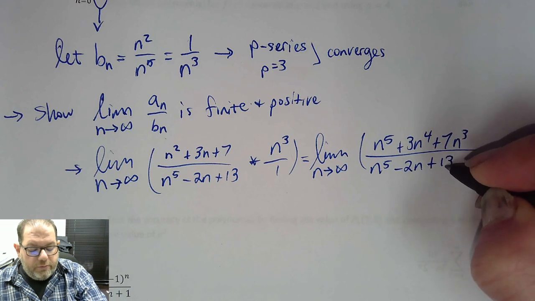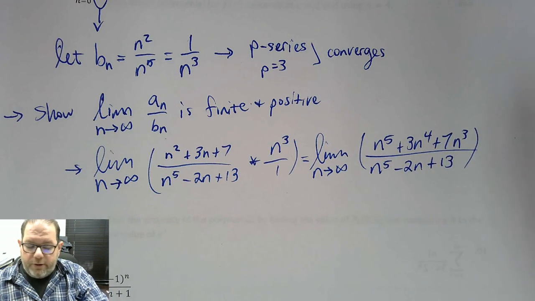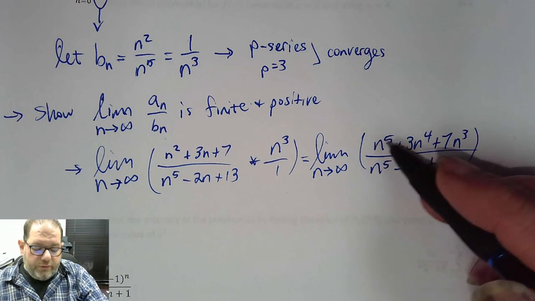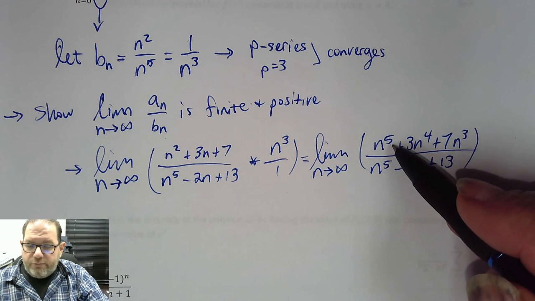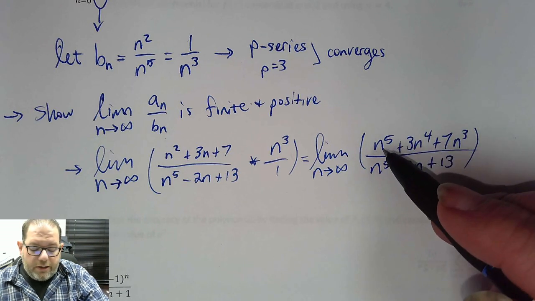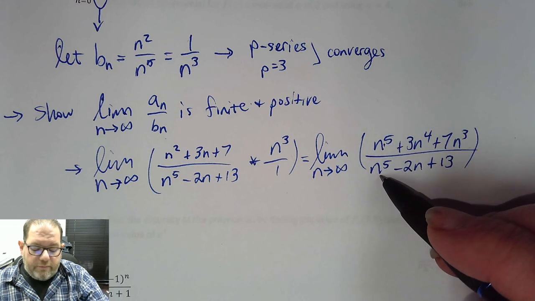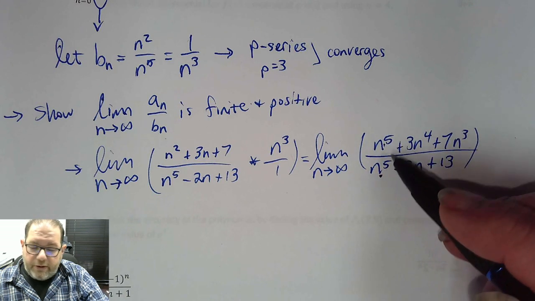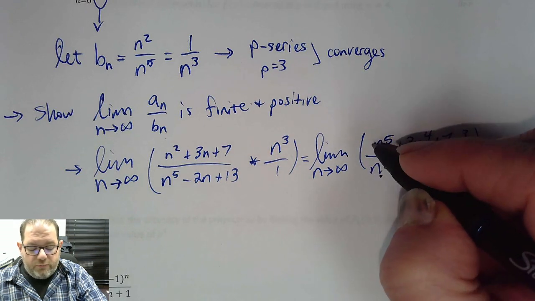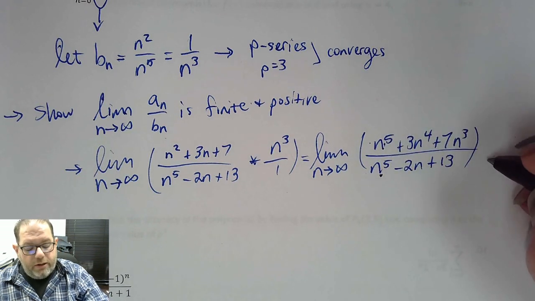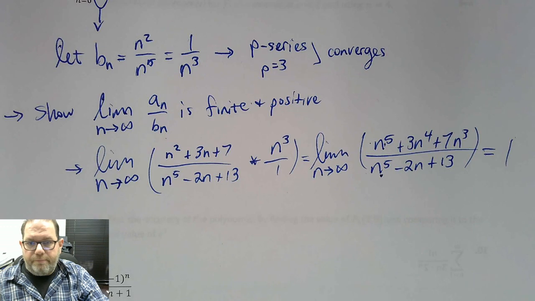And so we need to find the limit of this expression. Now once again, we know it's infinity over infinity. And we could apply L'Hopital's rule 5 times, but at the end of the day, when we see n to the fifth over n to the fifth, we know with the same exponent top and bottom, the limit's basically going to be the coefficients, which is 1 over 1. So our limit is 1. Okay?